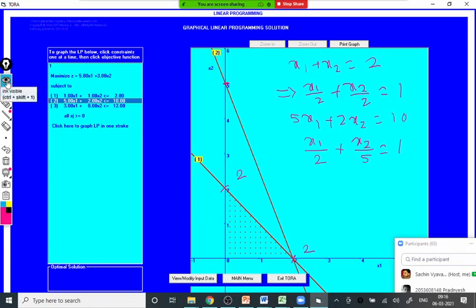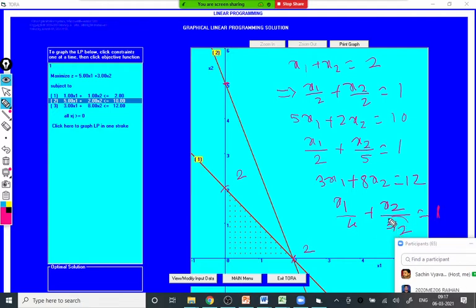In a similar way, we have the last one, 3x1 plus 8x2 equal to 12. That is the third constraint. Can you tell me the points? So x1 upon 4 plus x2 upon 12 by 8. 12 by 8 means 3 by 2, which is 1.5.